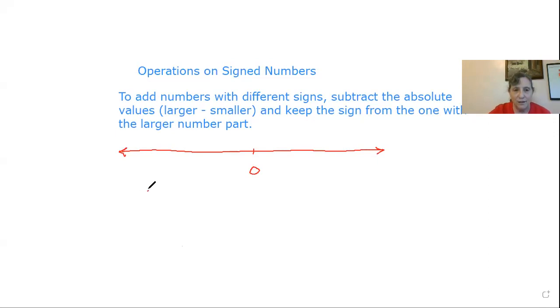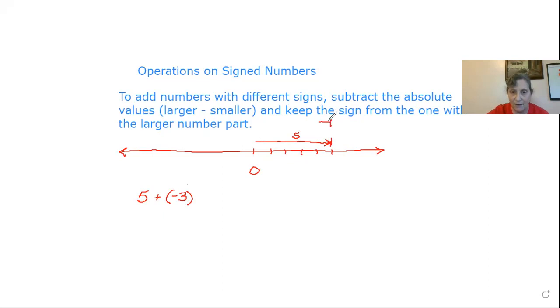What if we took a +5 and we added a -3? The +5 is going to move us 5 units to the right. But then the -3 is going to carry us back 3 units to the left.